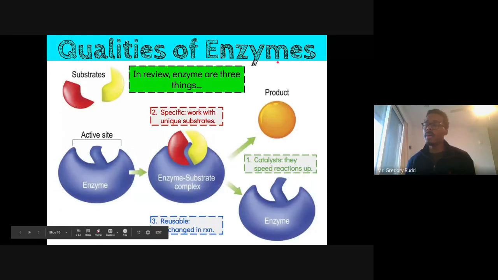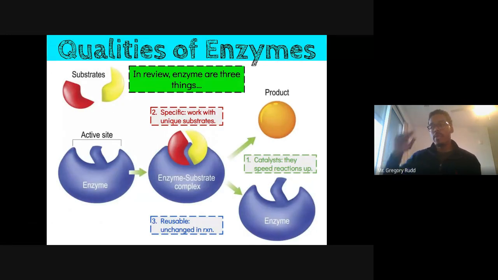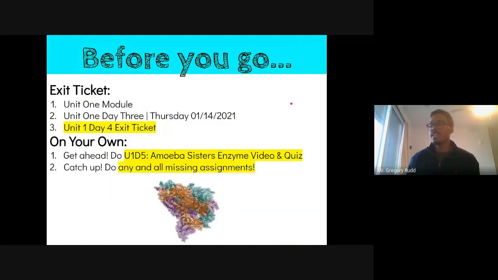And we'll learn more about enzymes and some other cool properties that they have in our next lesson on Tuesday. But we've got 15 minutes now. And what I want you guys to do in these 15 minutes is one of three things. The exit ticket, which I would like everybody to do. Number one, if you have completed all of your assignments for this week, then you can get ahead.